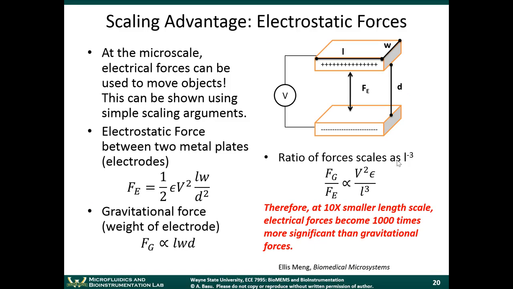Two opposite charges attract each other, right? These charges are stuck in the metal. They can't go through the air. The air is an insulating material, so the charges are really stuck here. And so those charges build up. There's an electric force that builds up between them. You can derive what the force is using basic electromagnetic theory, and that force will cause the two plates to come towards each other.